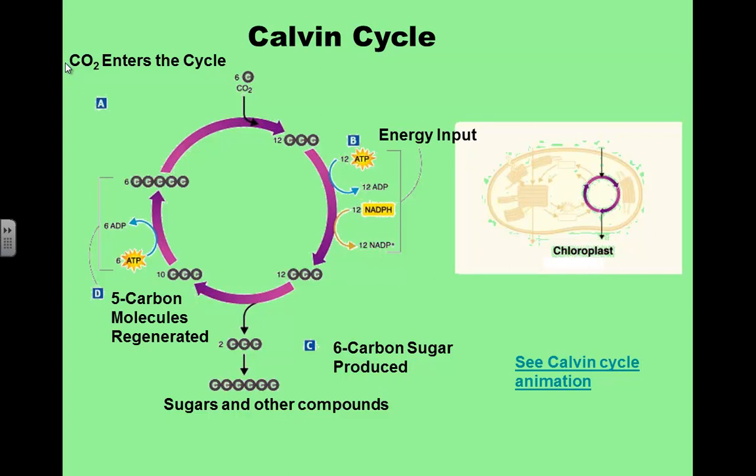Now they mentioned a bunch of things in the video that you do not need to know. You don't need to know the name of RuBP. You don't need to know PGA. You don't need to know PGAL. We won't ask that. We do need you to know how many ATP are used in this Calvin cycle and how many NADPHs.